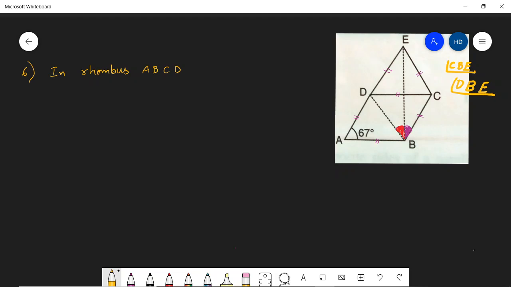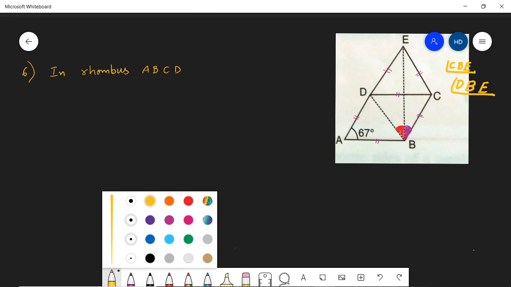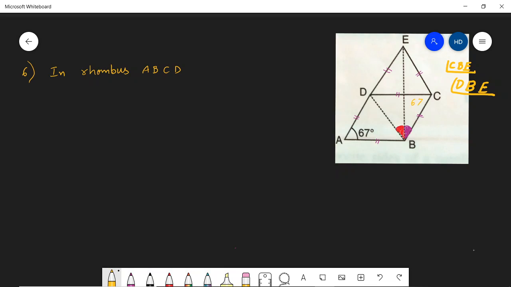Now let me move to the solution. First consider this rhombus ABCD. If you consider this rhombus ABCD, angle A and angle C are equal. So therefore this is 67 degrees. Opposite angles are equal in a rhombus.